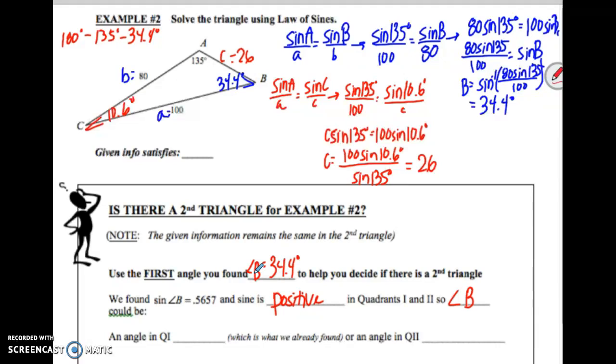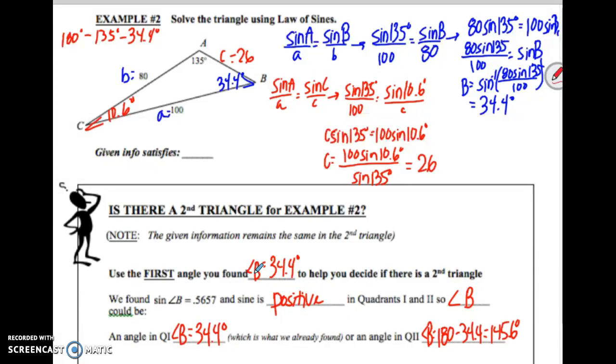So angle B could either be equal to 34.4 degrees if it was in quadrant 1, which is the angle that we already found, or an angle in quadrant 2, which would be 180 minus 34.4, which equals 145.6 degrees.